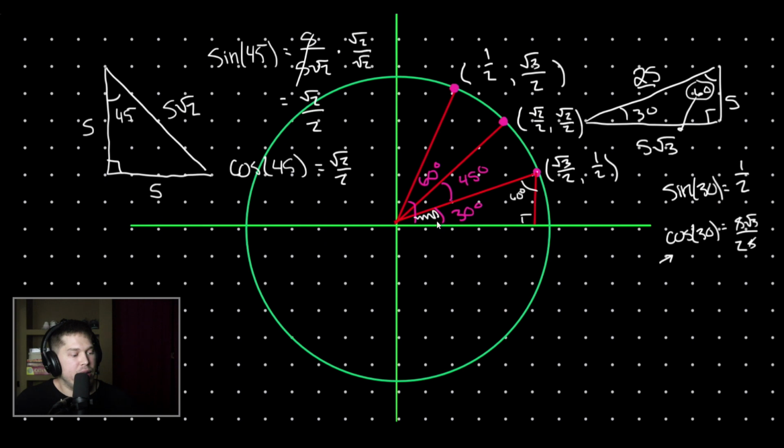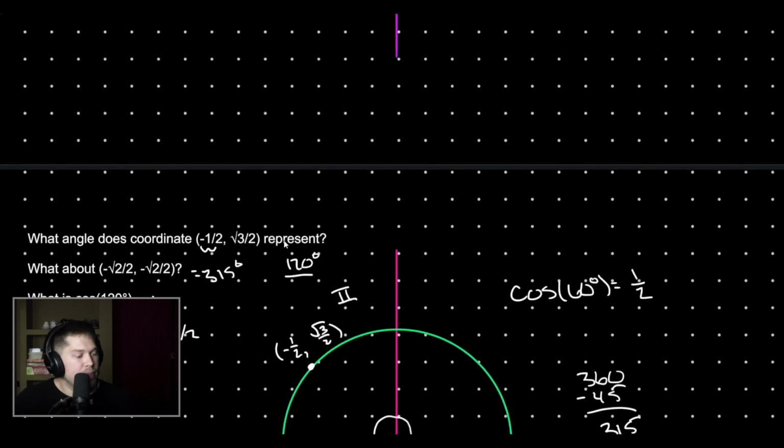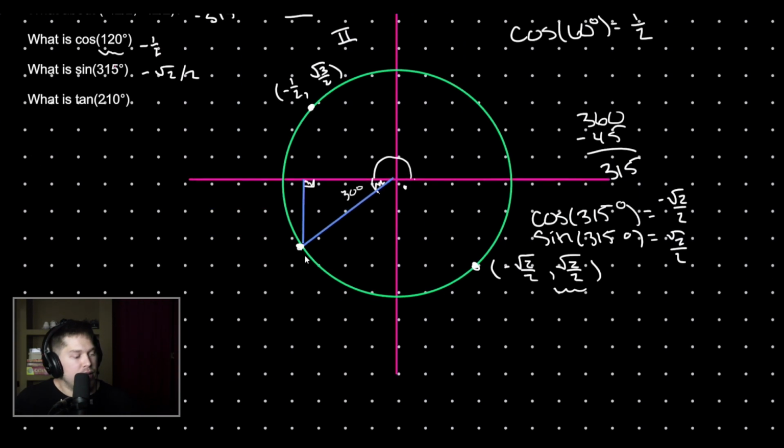Here we can see that we found 30 degrees to be root 3 over 2 for cosine and 1/2 for sine. So let's use that. We can go back down, and since we're in the third quadrant, both are negative. Negative root 3 over 2, comma negative 1/2.